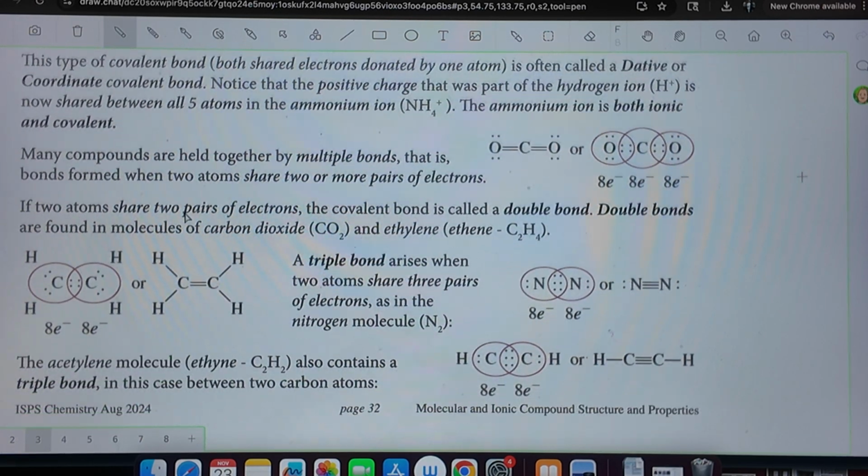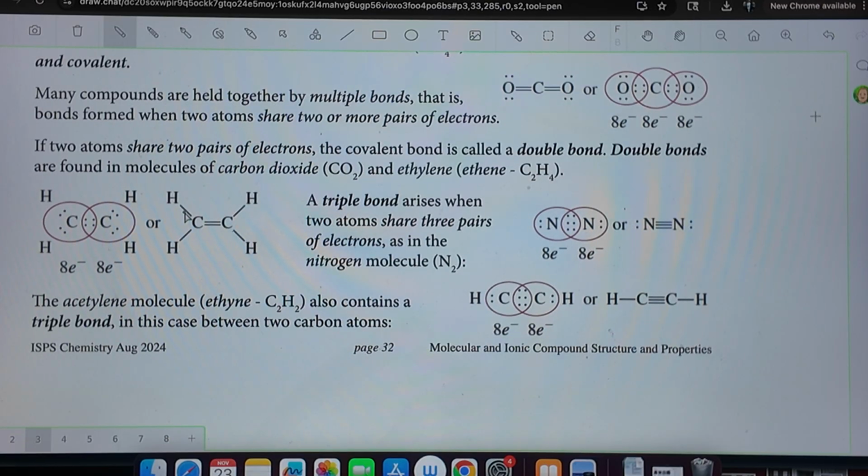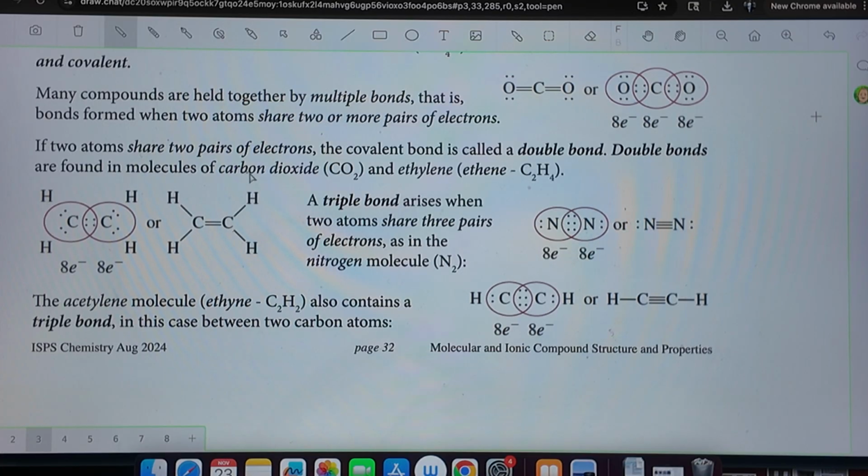Many compounds are held together by multiple bonds. That is, bonds formed when two atoms share two or more pairs of electrons. If two atoms share two or more pairs of electrons, the covalent bond is called a double bond. Double bonds are found in molecules of carbon dioxide and ethylene. A triple bond arises when two atoms share three pairs of electrons, as in the nitrogen molecule here.